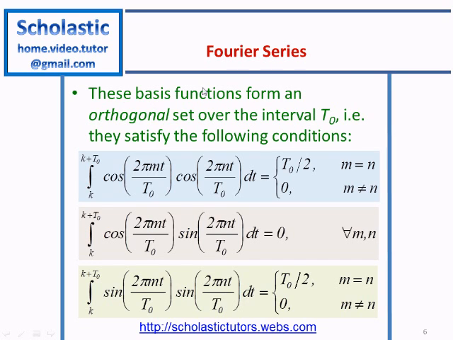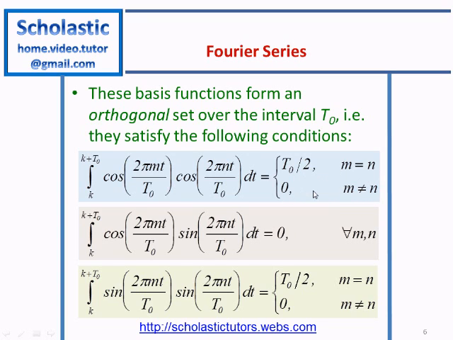Let's look at the basis functions. These basis functions form an orthogonal set over the interval T0. That is, they satisfy the following conditions. When you multiply two cosine functions and integrate from k to k plus T0, we get T0 over 2 if m equals n, and 0 if m is not equal to n.